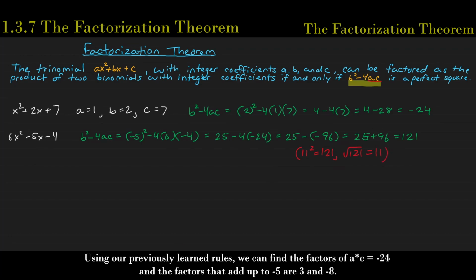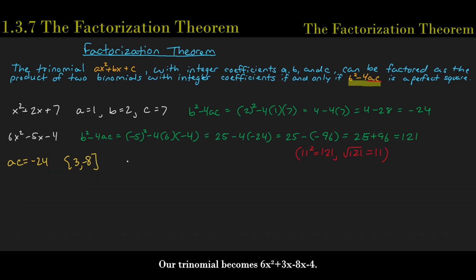Using our previously learned rules, we can find the factors of a times c, which equals negative 24. And the factors that add up to negative 5 are 3 and negative 8. Our trinomial then becomes 6x² plus 3x minus 8x minus 4.